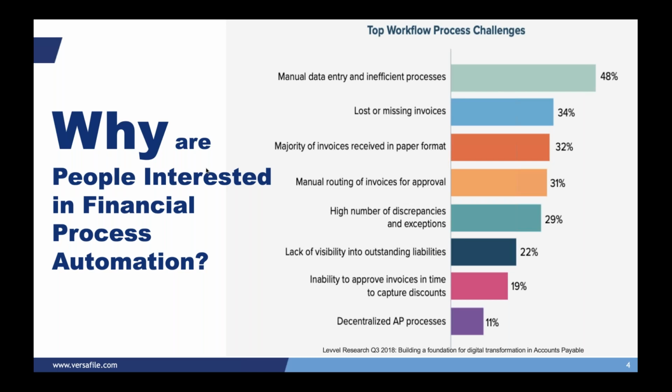For public companies, lack of visibility can result in missed or inaccurate liability reporting, impacting both future audits and even in some cases causing restatement of earnings. In trying to solve these challenges, often the first step an organization will look to do is to centralize their AP processing or implement a shared services model.